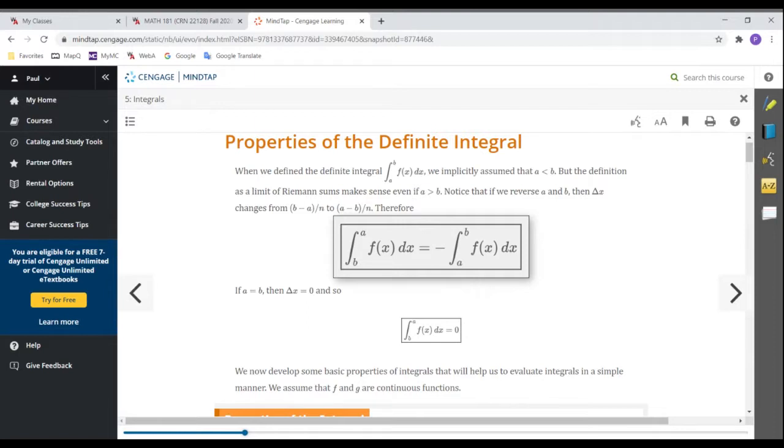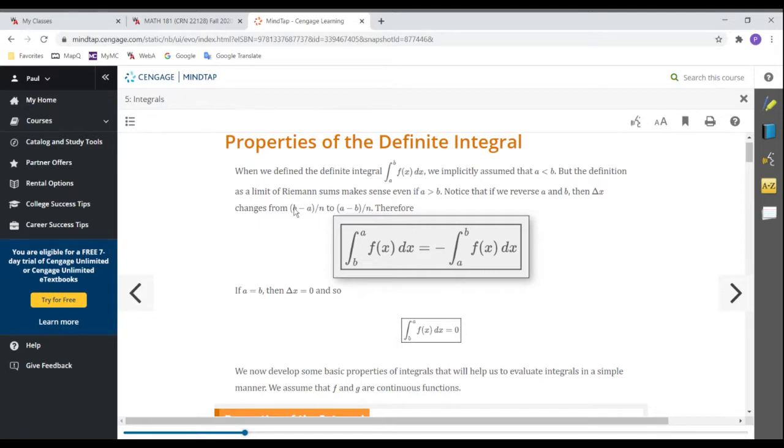So here in the properties of the definite integral, they switch the limits. Instead of going from a to b, you go from b to a. But the effect is that when you switch the limits, it's going to equal the negative of the integral where the limits are switched back.